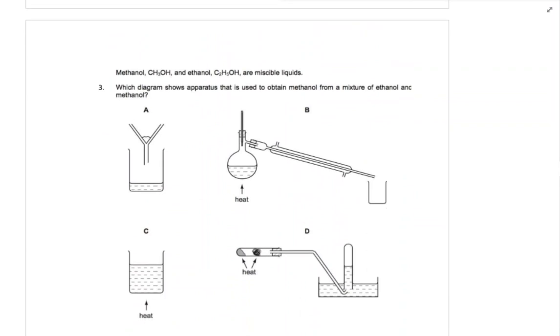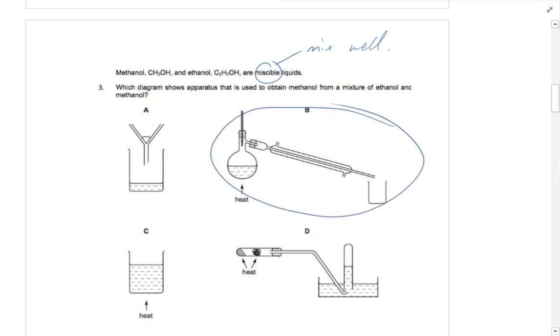Question 3. Methanol and ethanol are miscible liquids, so this means that they mix well to produce a homogeneous mixture. Which diagram shows the apparatus? This should be B. A is separating an insoluble solid from a solvent.